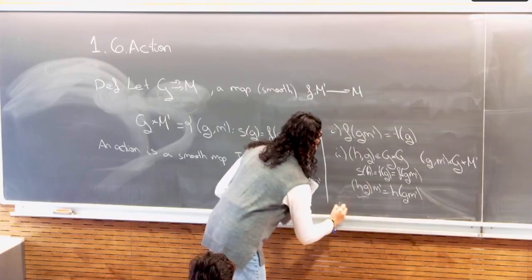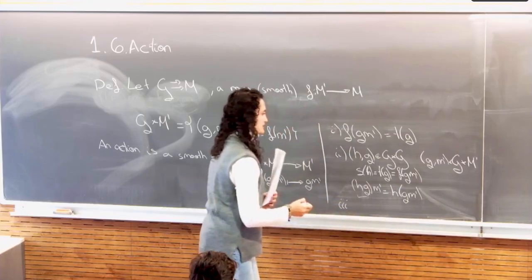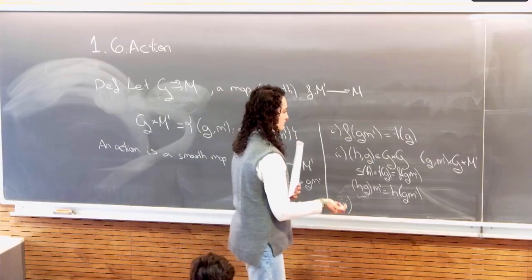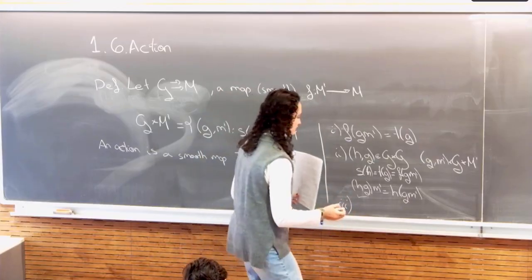And also another property is that the units of the groupoid don't do anything on the elements of n prime.